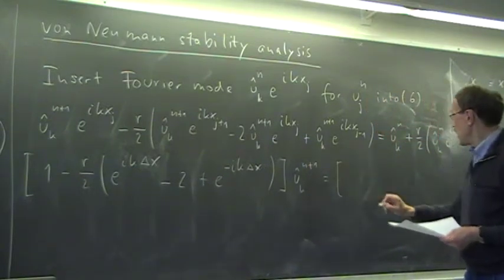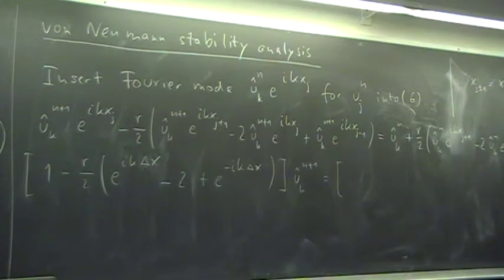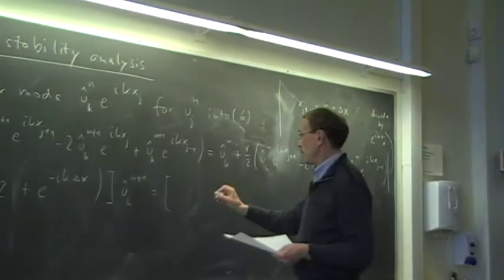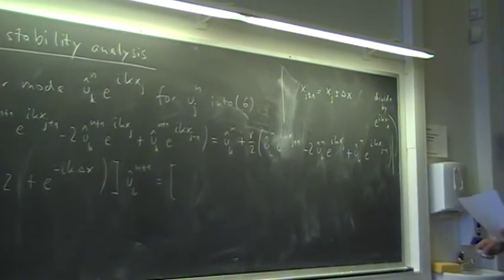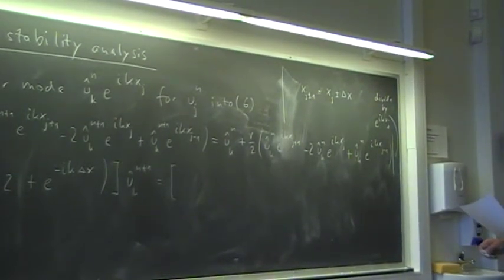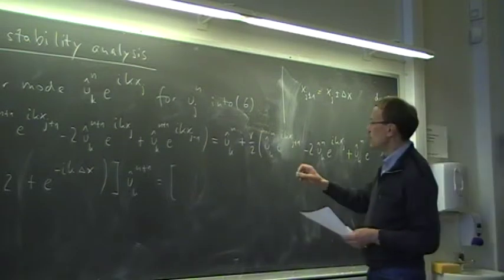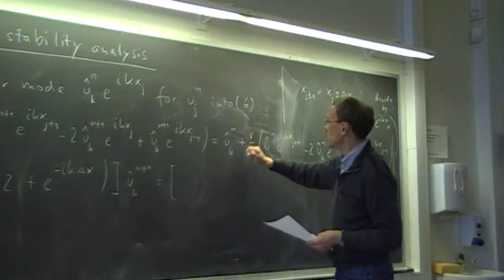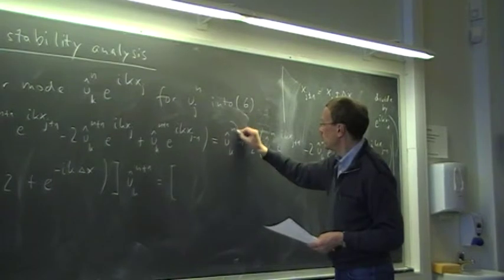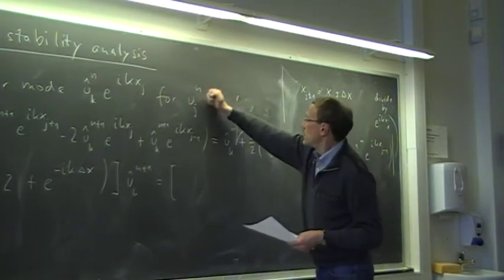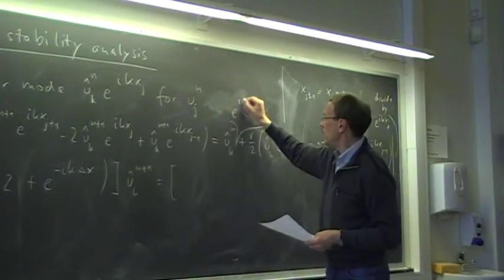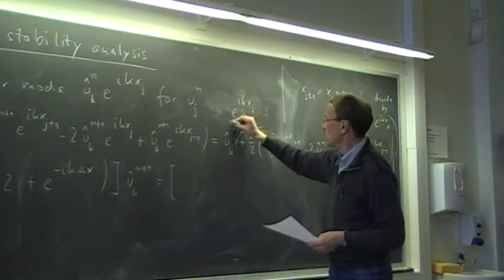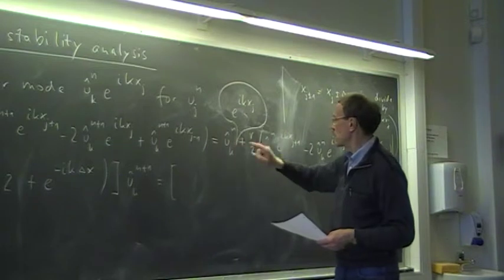On the right-hand side, we do something similar. Let's see, I think here I forgot something. Sorry for that. Now I see it. I forgot here simply the factor e^(ik x_j). So that should of course be also here.